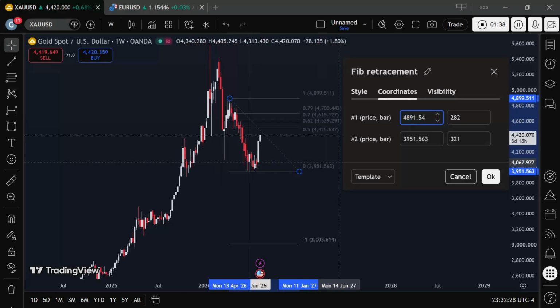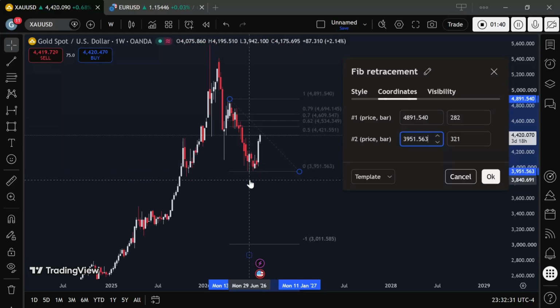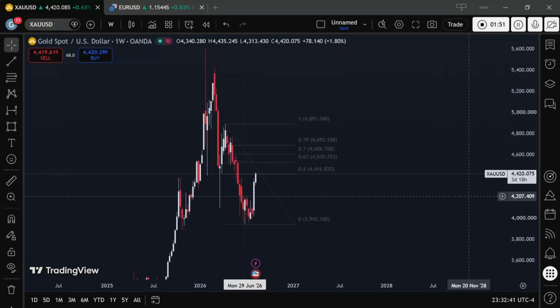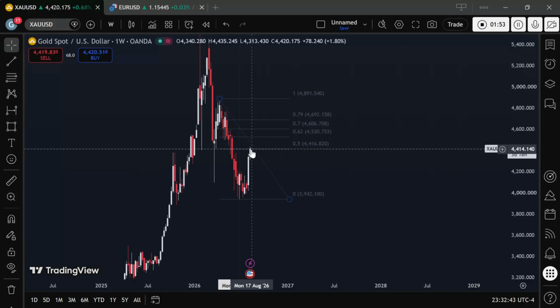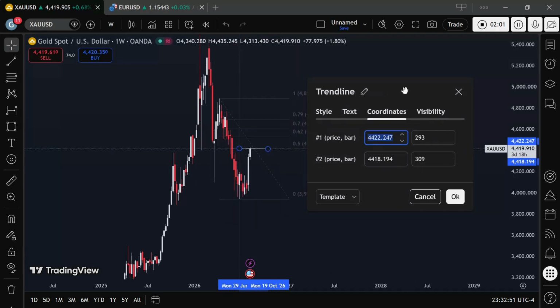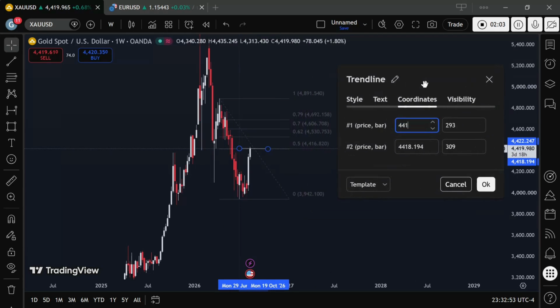The high was at 4891.54 and the low was at 3942.1. Price has already hit the midpoint of that range, which is right there, 4416.82.